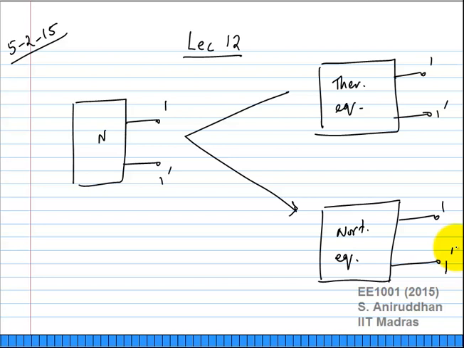Perfect. That's the answer I was looking for. First of all, electrically there will be no difference. Very clearly it is meant to replace the network across 1 and 1 prime. Both the Thevenin and the Norton will replace the network electrically, perfectly well and in an identical way.